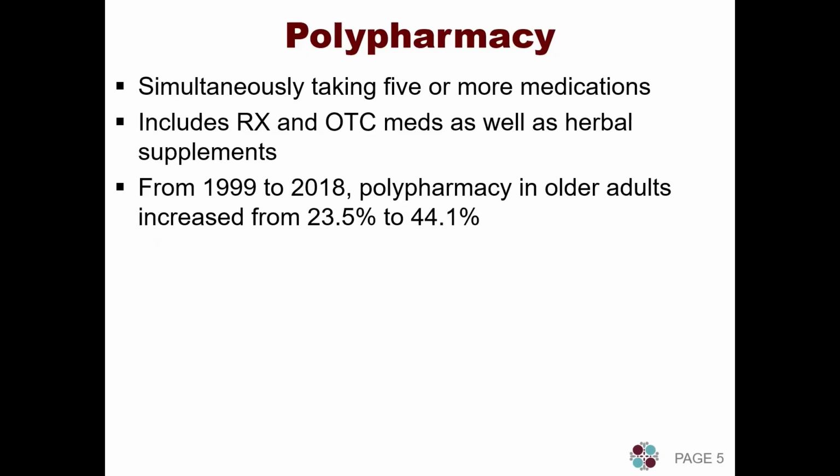So let's talk about a term called polypharmacy. Polypharmacy means simultaneously taking 5 or more medications. And that seems like a lot, but when you start to add them up, it's really easy to reach that number because that does include not only prescription medication, but over-the-counter medication, as well as herbal supplements too.